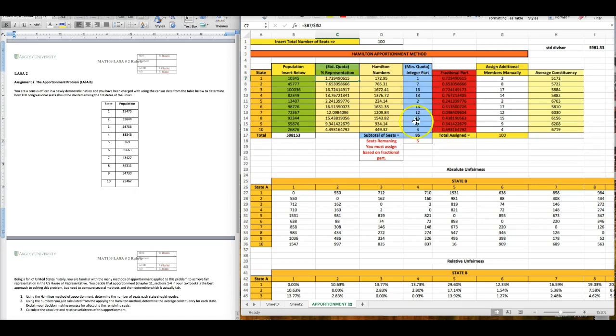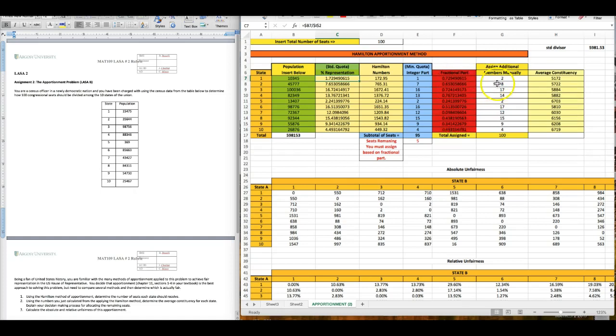And that's what's here in the minimum quota. And we look at the fractional part to see how we're going to assign the additional seating, okay? So here we just look at the largest fractional part: the state that has the largest fractional part gets the first extra seat, the second largest fractional part gets the next seat, so on and so forth until they're all gone.